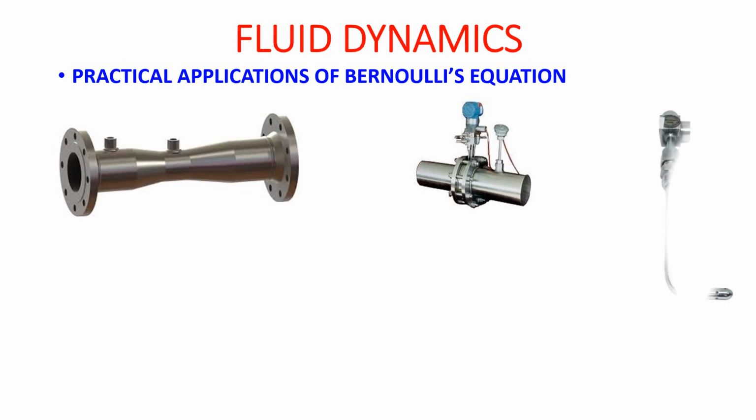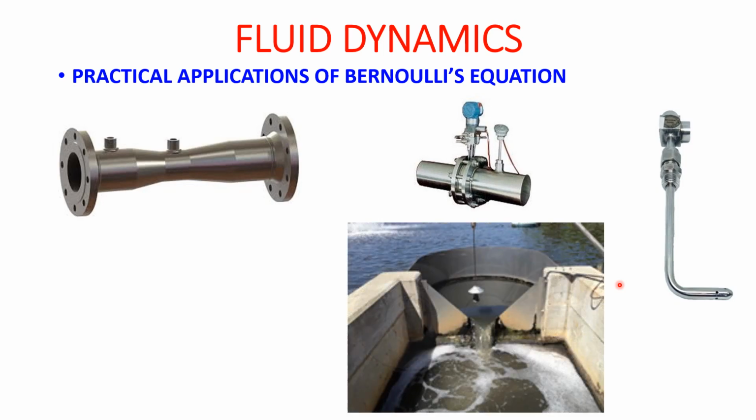An orifice is nothing but a hole inside a pipe or a small opening through which the water flows. Whenever it is attached to a manometer or pressure measurement device, it is known as an orifice meter. Third, this is a pitot tube, which again gives us the value of the rise in pressure of the water.